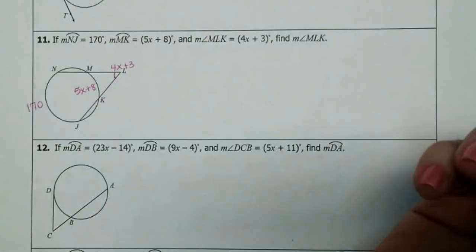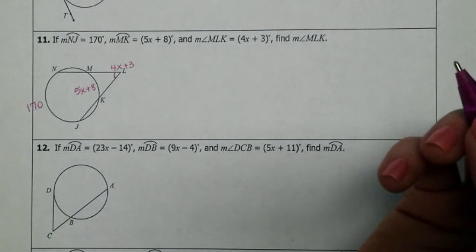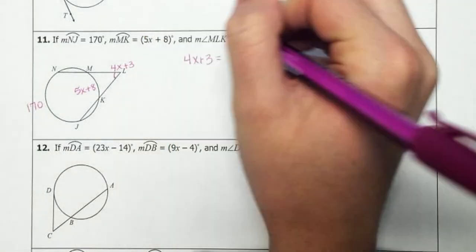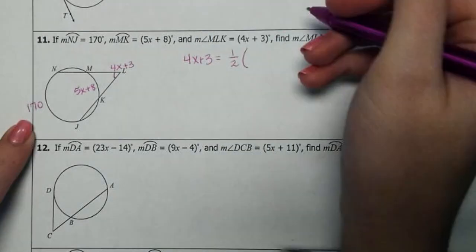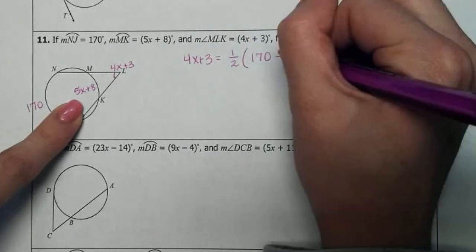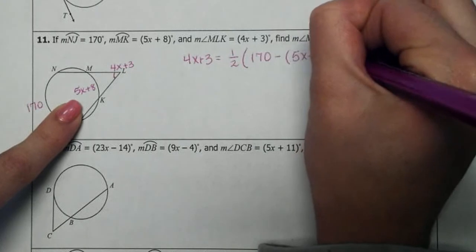So this is exterior intersection. I have to start with my angle, 4x plus 3. I have to set that equal to 1/2 of my larger arc, 170, minus my smaller arc, which is an equation, so I've got to put it in its own set of parentheses.